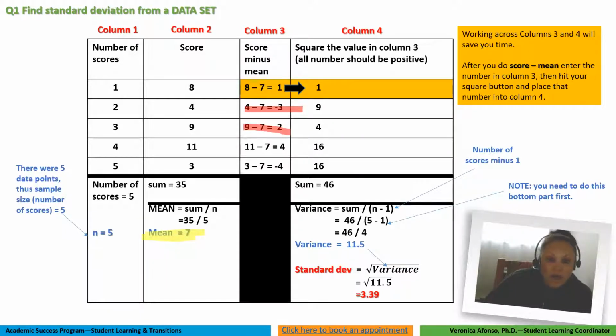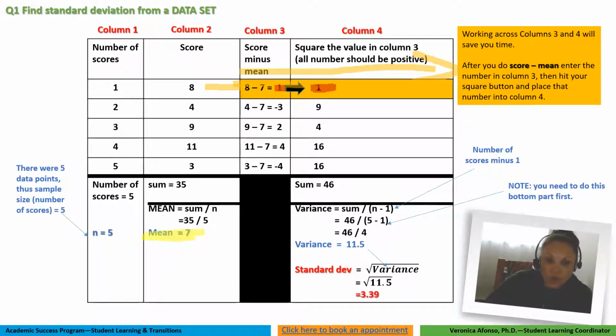Okay, I've made this yellow here. Why I've done this is because you want to work a little faster. So working across columns 3 and 4 will save you time. So after you do the score minus the mean, you enter 1 in here. Then you hit the x squared, the squared button on your calculator. And then you should get 1 and you enter it here.